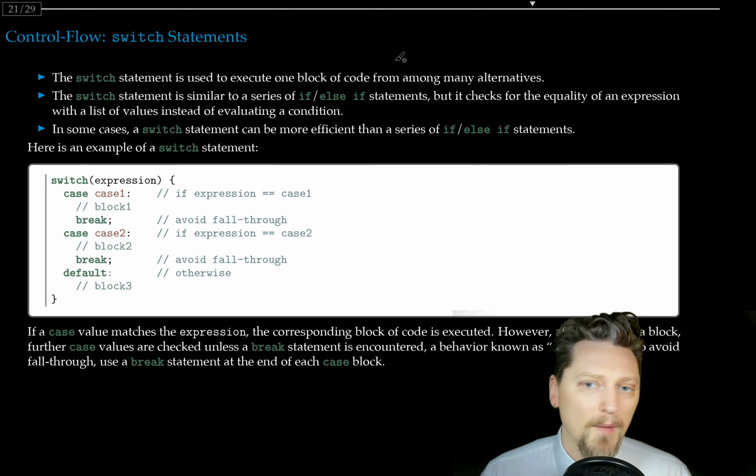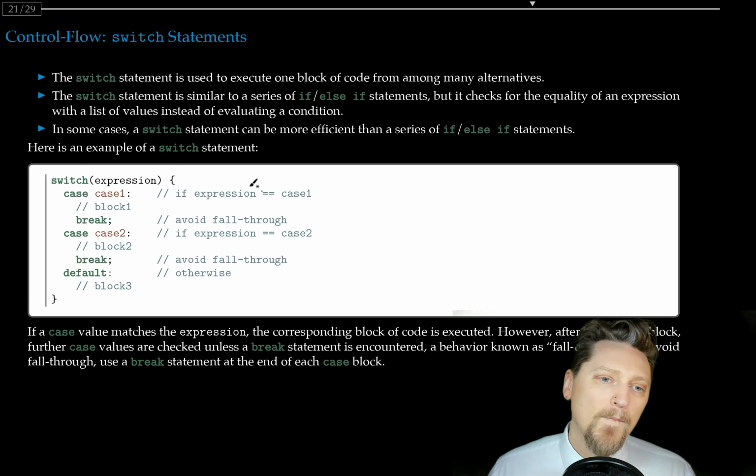So, whereas in this case, we were evaluating to see if this condition was true or not, in the switch case, we're going to look to see if this expression is equal to case 1 or case 2 or other cases. Okay. In some cases, a switch statement can be more efficient than a series of if-else-if statements.